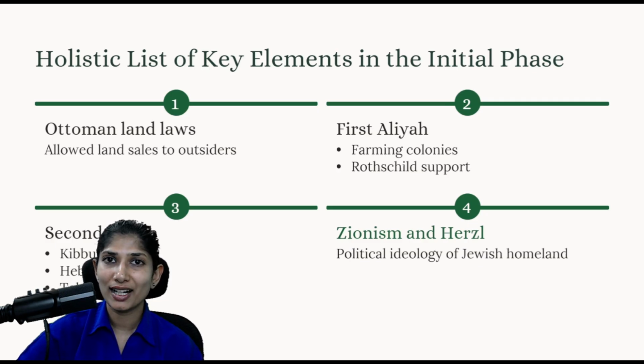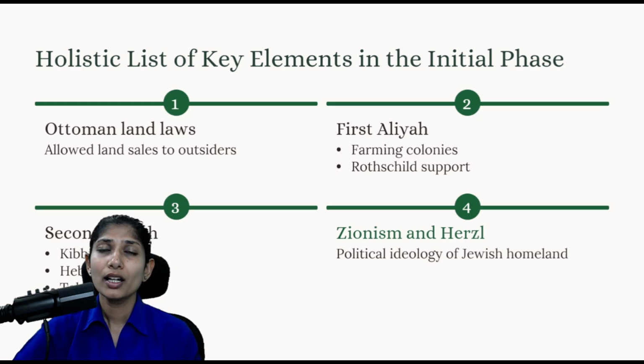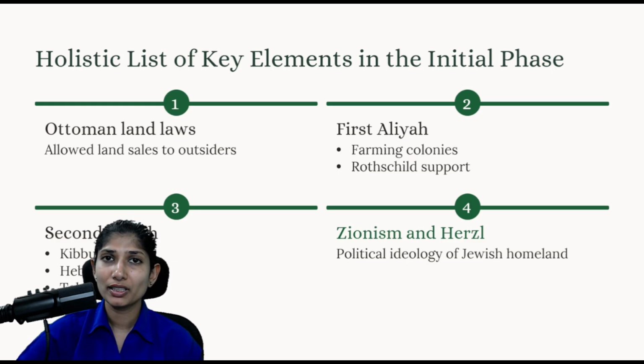Next is the first aliyah, the first wave of Jewish immigration. At this time they could support themselves only through contributions from the Rothschild families, and because of their support they could withstand it. Then in the second aliyah, they started creating communal farms. The first city, Tel Aviv, a Hebrew city, was created.